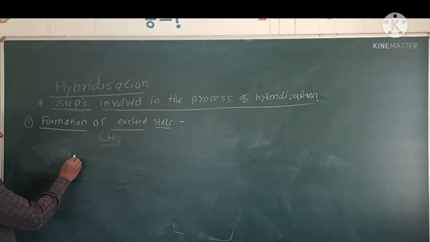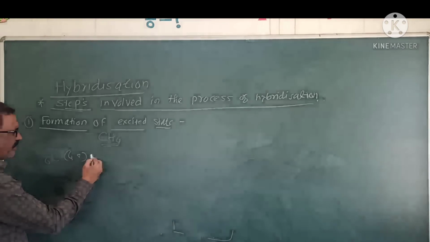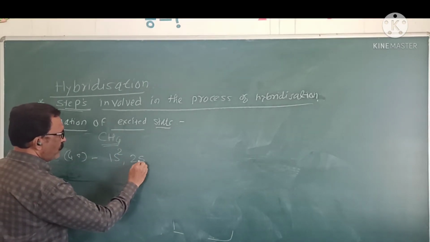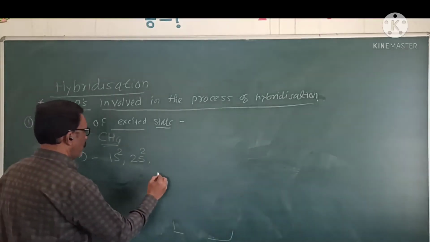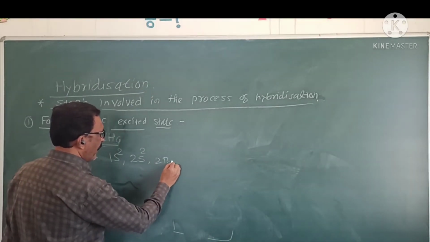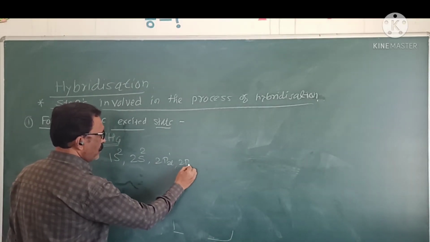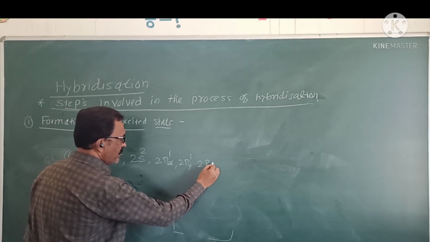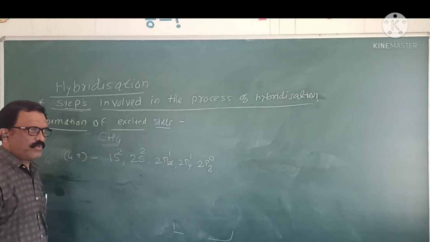Its ground state electronic configuration is 1s2, 2s2, 2px1, 2py1, and 2pz0, that is, empty.